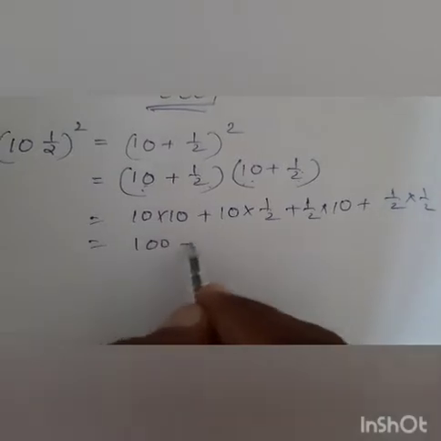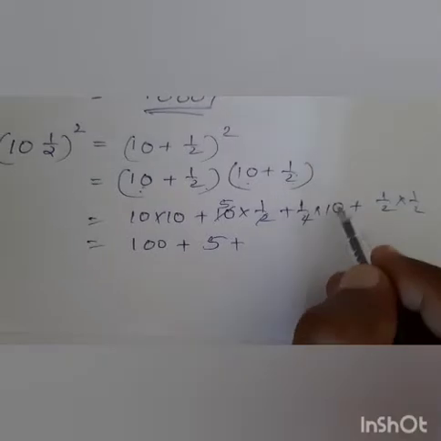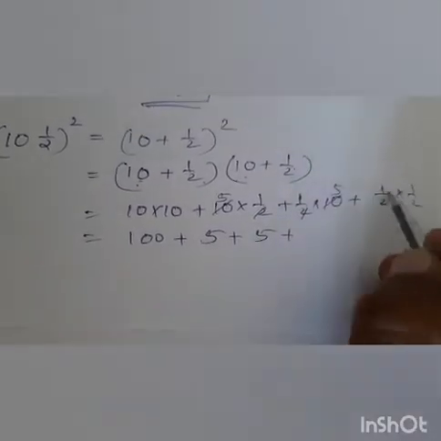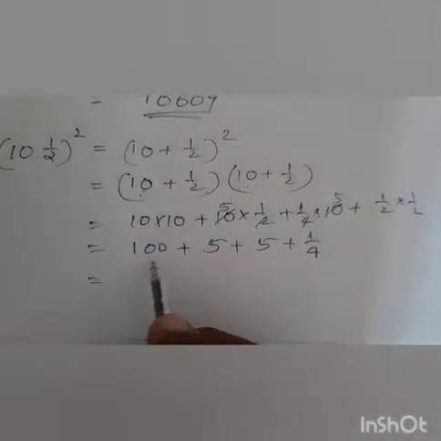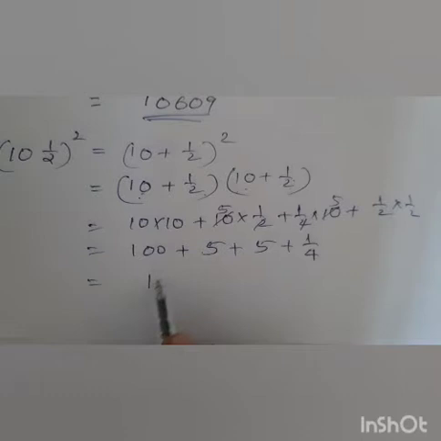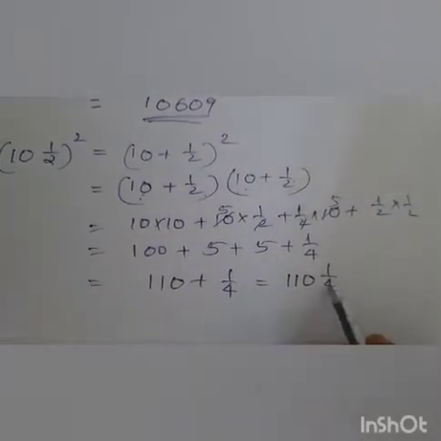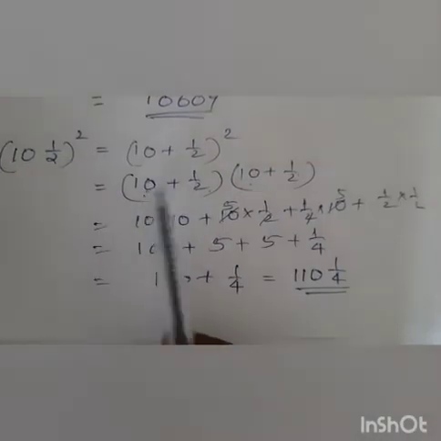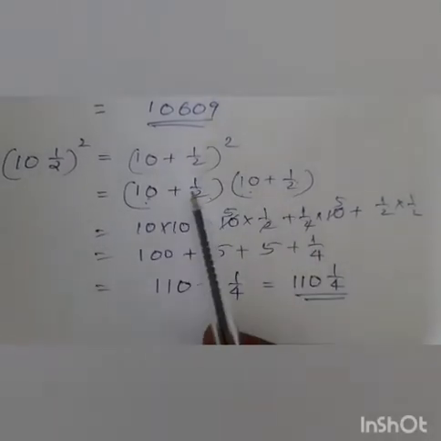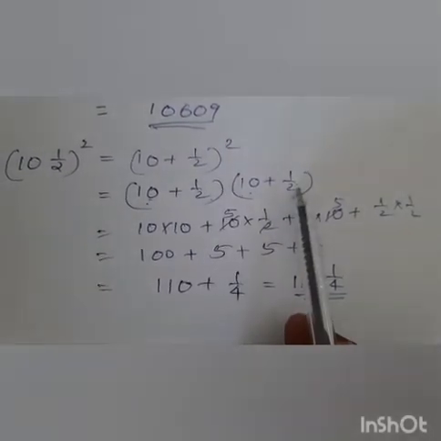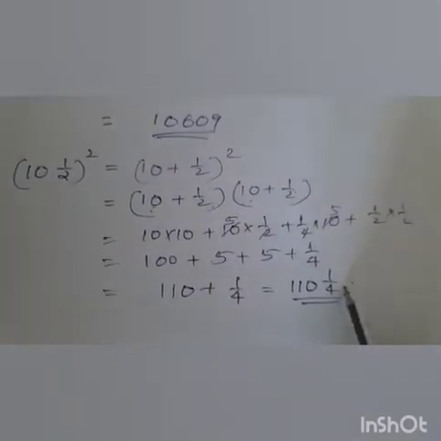So this is 100 plus 5 plus 5 plus 1 by 2 into 1 by 2 is 1 by 4. So we will get 110 plus 1 by 4. This we can write as 110 1 by 4. So split like this, then multiply x into x, x into this one, half into 10, half into half. Then you should add the sum and write the final answer.